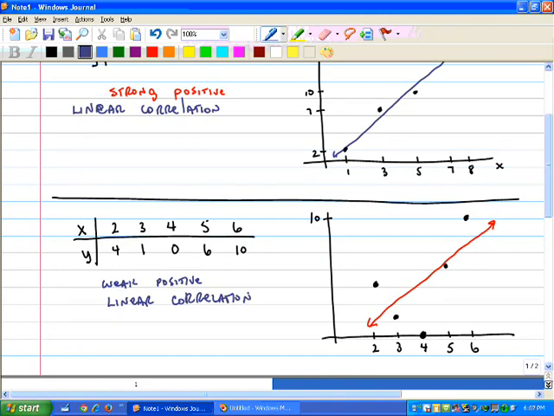Weak because this line isn't too terribly far off from the data. The line has a positive slope, and so it has a weak positive linear correlation.